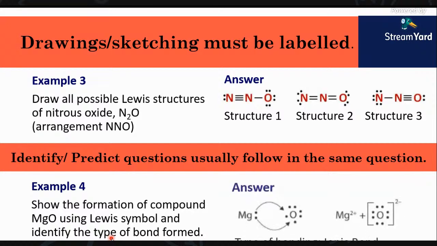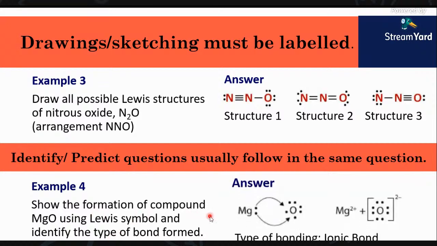How do you show this for this question? This is an ionic bond formed between magnesium and oxygen. Make sure you have your arrows clearly indicated from the electrons on the magnesium going towards the empty space on oxygen. Make sure the valence electrons are all shown. You have to be very specific.